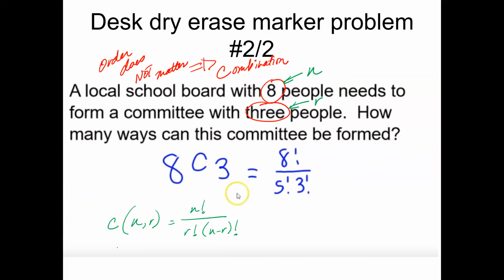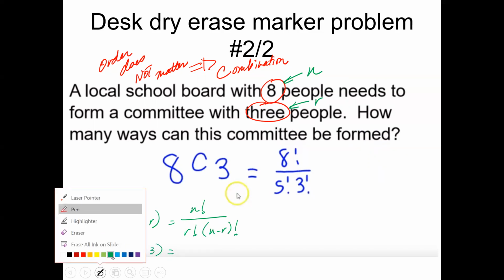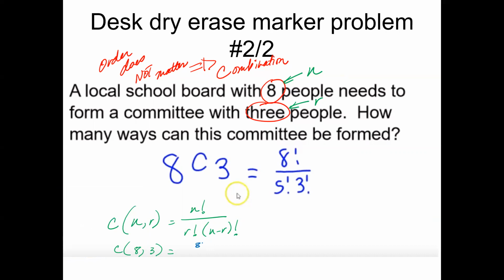And so given that n is going to be 8 and r is going to be 3, when I plug this into my formula, I should have 8 factorial over 3 factorial, and then here you're going to have 8 minus 3, which is 5 factorial. So it's just going to save me a little step.